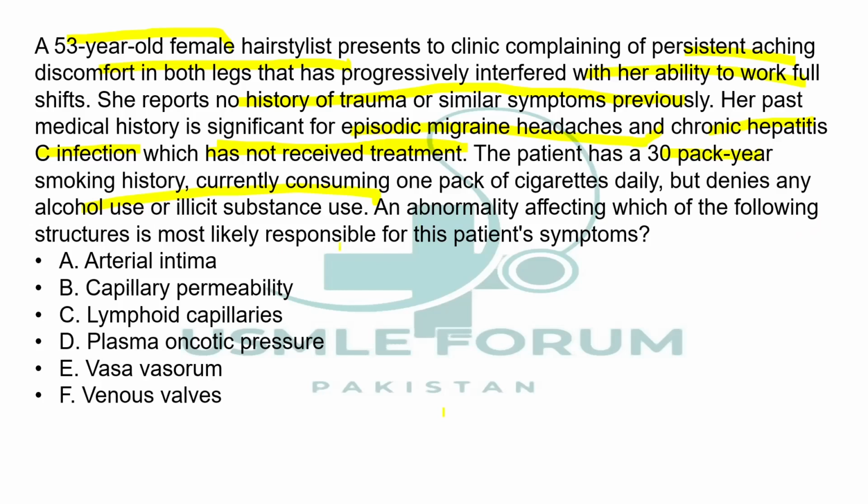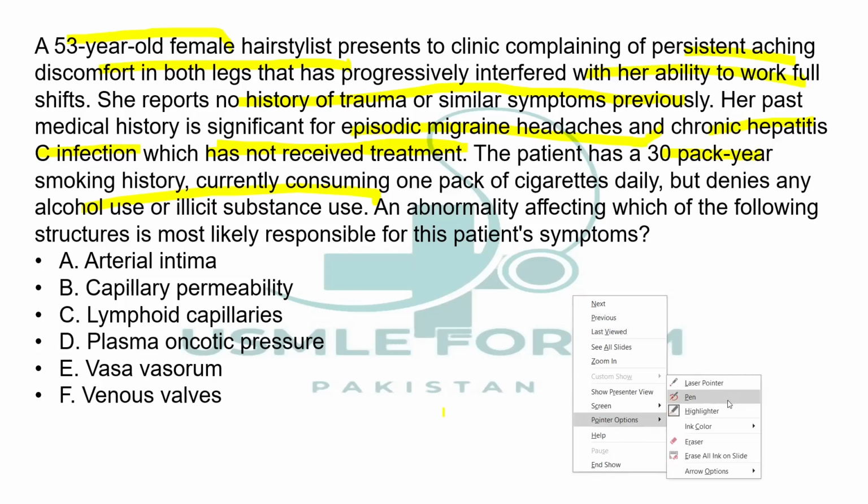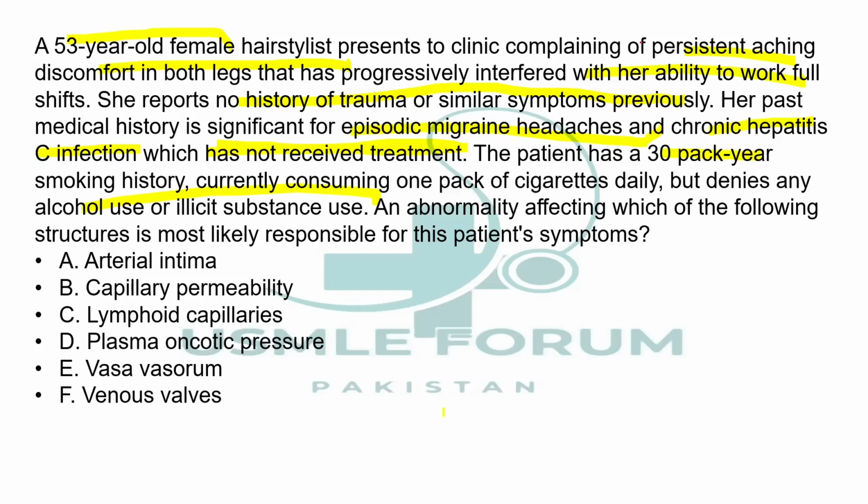The question asks which structure's abnormality is most likely responsible for the patient's symptoms. So basically, the first clue is persistent aching discomfort, which is interfering with her work. So she's having pain due to work, right?